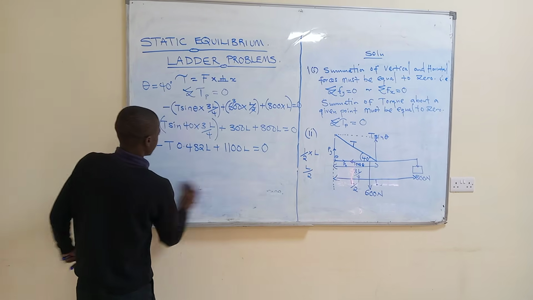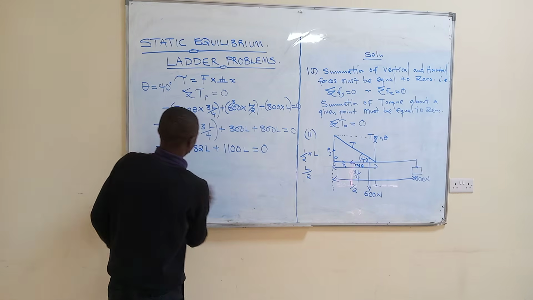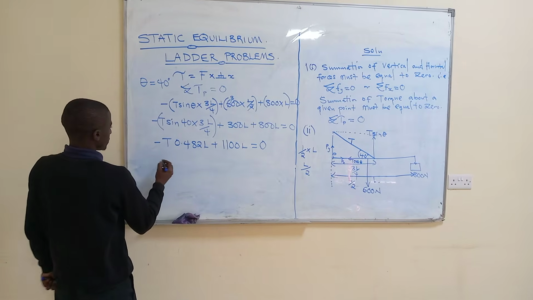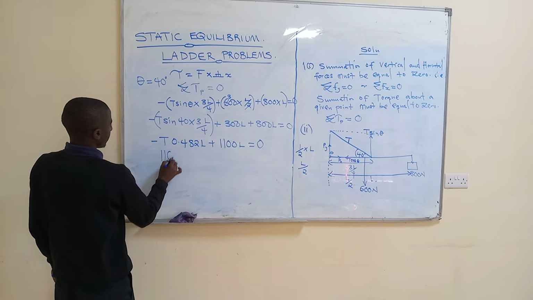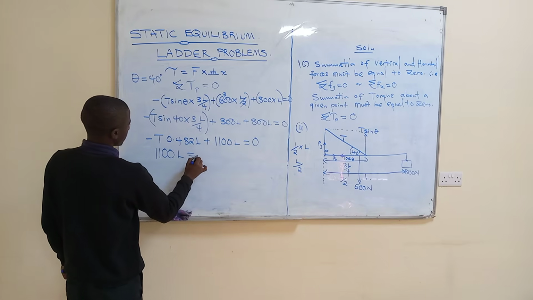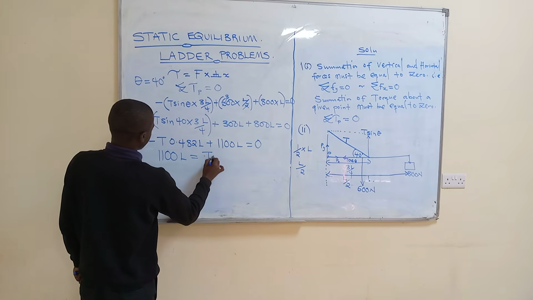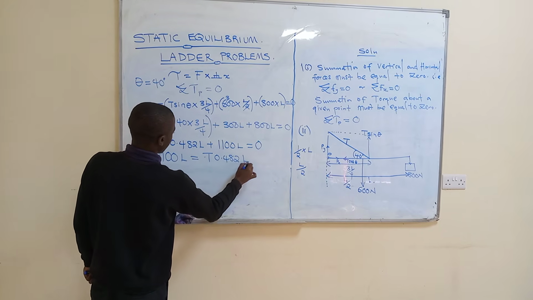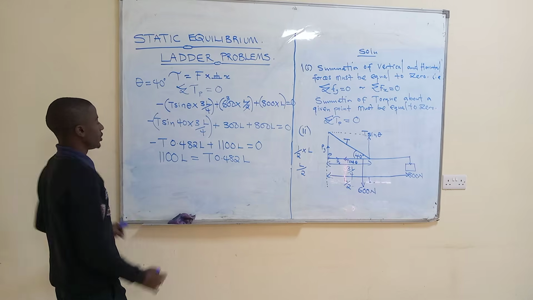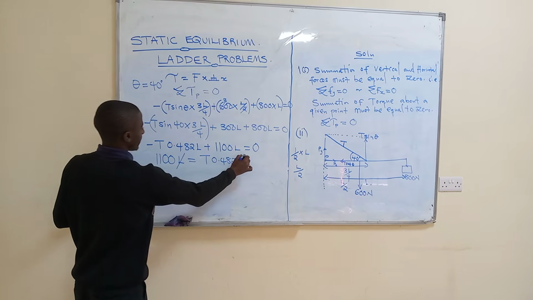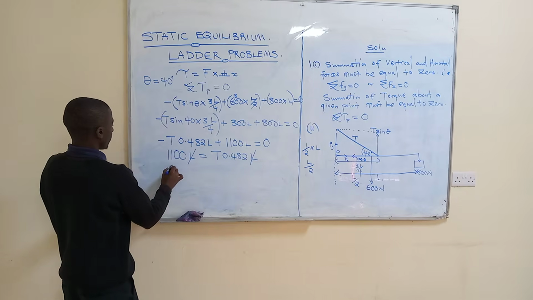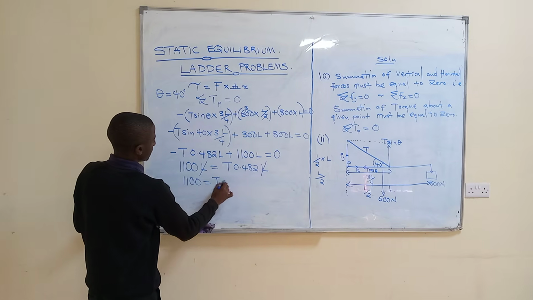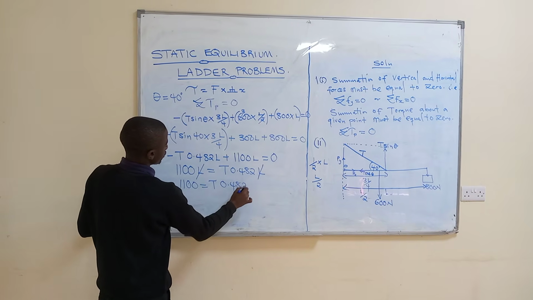So from there, what you are going to do is take this negative to the other side, so 1,100 L is equal to positive T times 0.482 L. What is common, you cancel. So that length and that length will go. I'm going to remain with 1,100 is equal to T times 0.482.